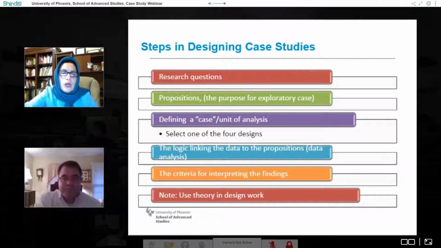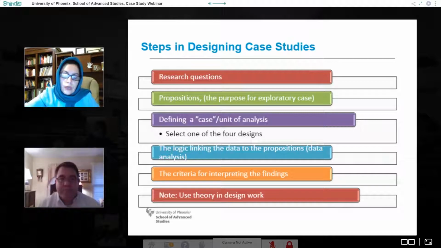It depends on your case, but usually the types are interviewing, surveying, using archive data, focus group, observation, and field notes. Sometimes when you interview people, what they say might be a little different from their facial reaction, so collecting field notes is yet another source of data that you can use.